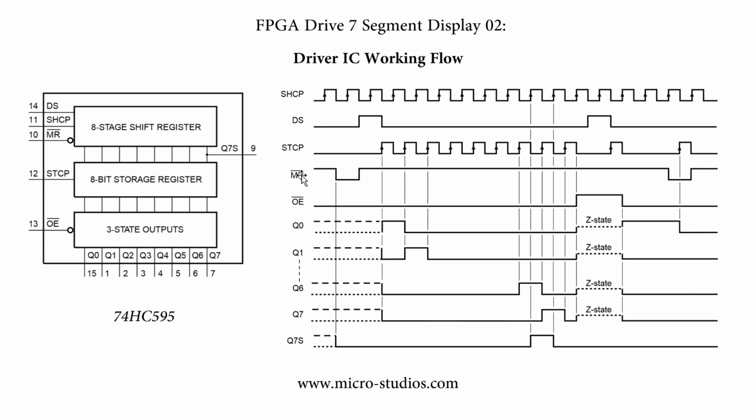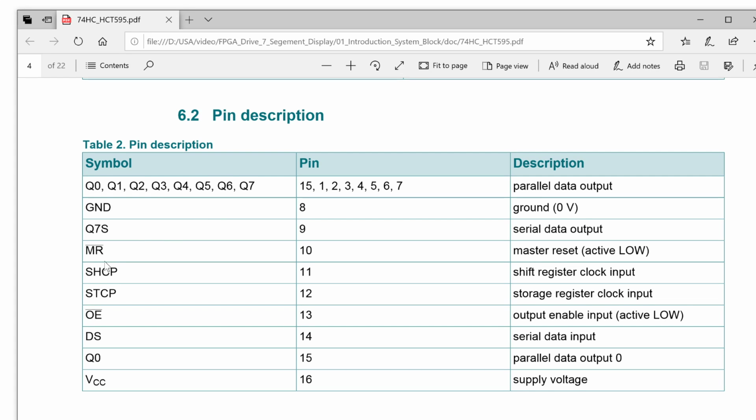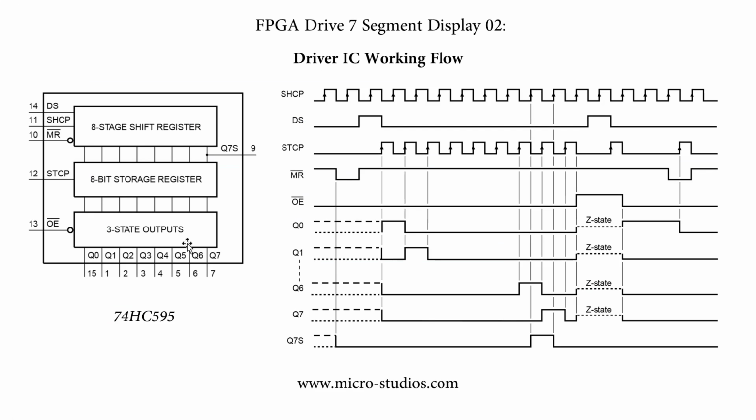The second pin is here. It is the reset, active low. At this moment, we reset all the outputs, so there is no data. When this pin is at a low level, we reset.